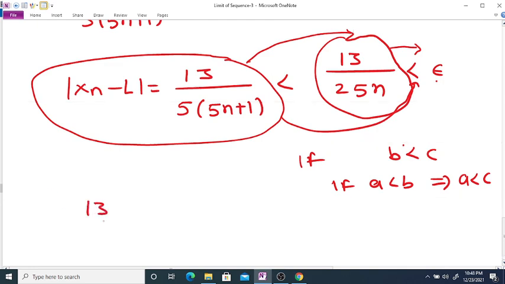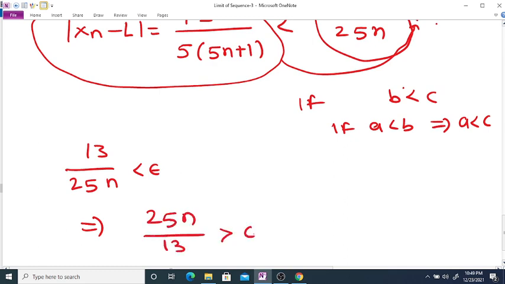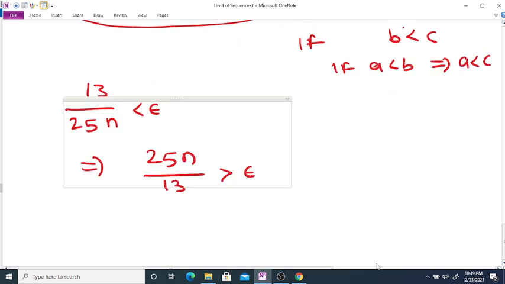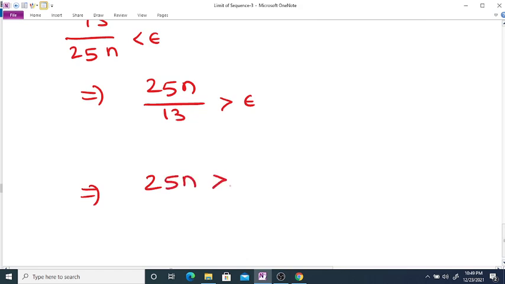Therefore, if 13 divided by 25n is less than epsilon, this implies 25n divided by 13 is greater than epsilon. This implies 25n is greater than 13 epsilon, and this implies n is greater than 13 epsilon divided by 25.